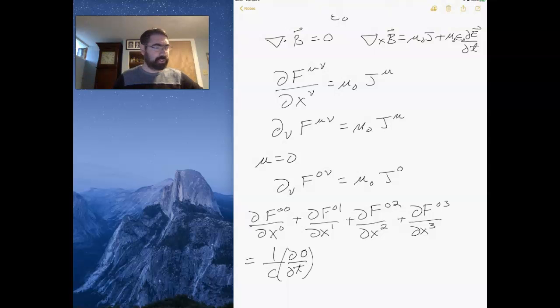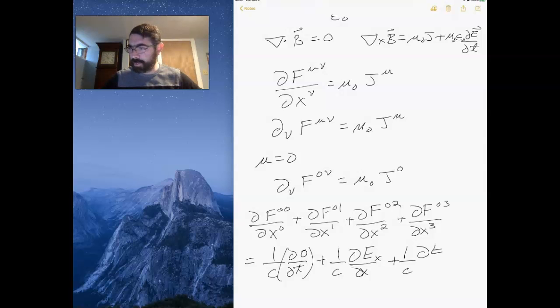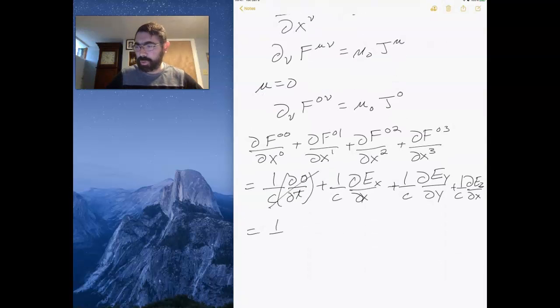So I'm taking the derivative of a 0, plus 1 over c, dEx/dx, plus 1 over c, the derivative of all the components, like so. So this is 0, that disappears, and what I'm left with now is 1 over c times the divergence of the electric field, just the spatial components of it.